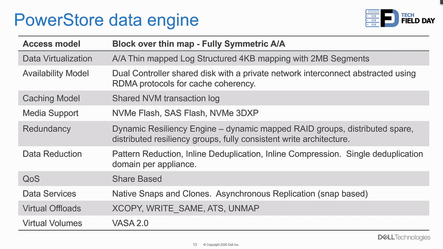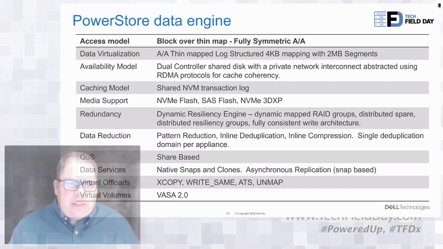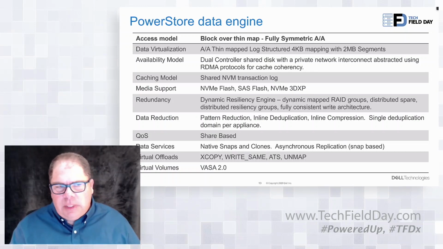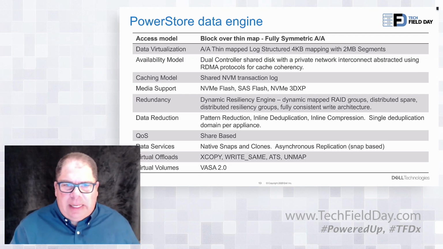All right. I'm going to briefly touch on a few points within the data engine itself. We get a lot of feedback from both media, partners and customers, and we really want to communicate that this new data engine has been built from the ground up, and it's a departure from the architecture that we've had in the past.